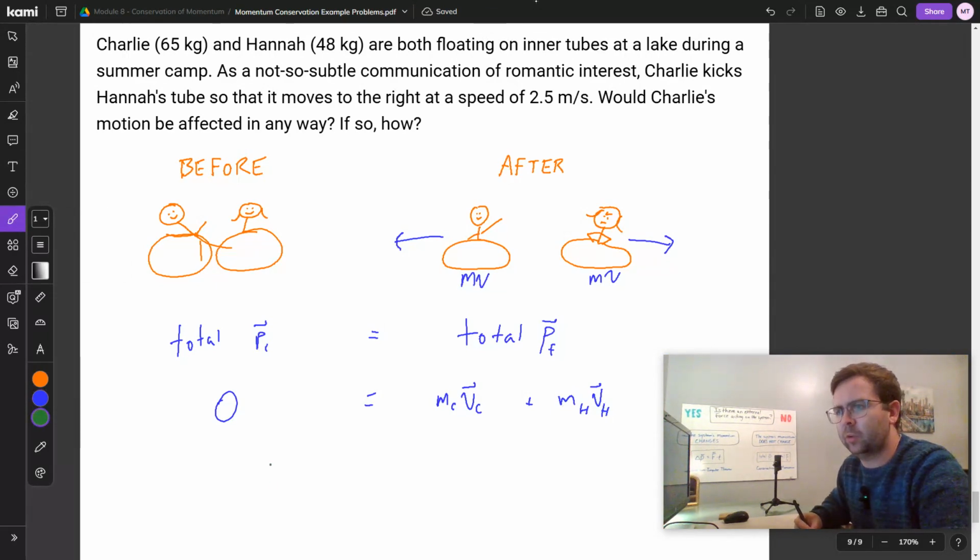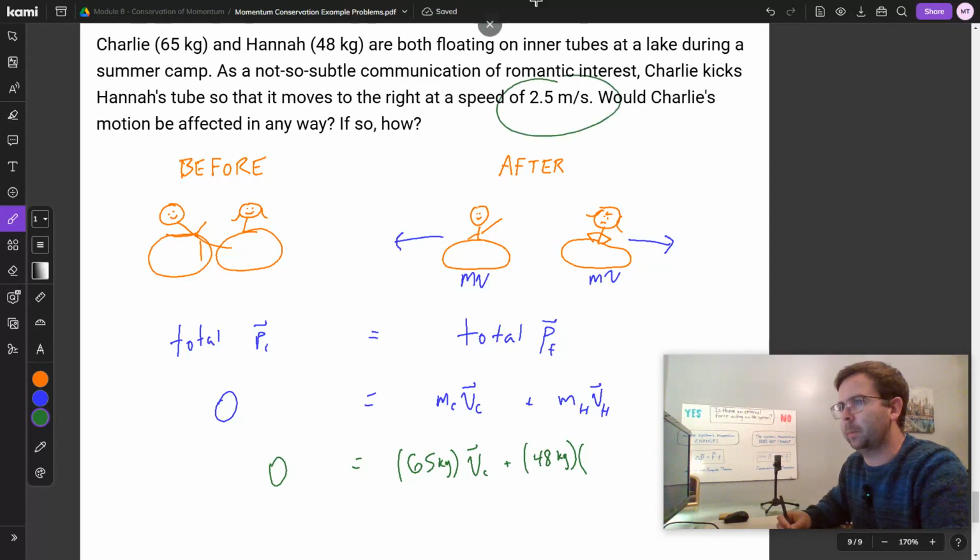We know the initial is still zero. The mass of Charlie is 65 kilograms. We don't know Charlie's velocity. We know that the mass of Hannah is 48 kilograms, and the velocity of Hannah at the end, it says up here, is 2.5 meters per second.